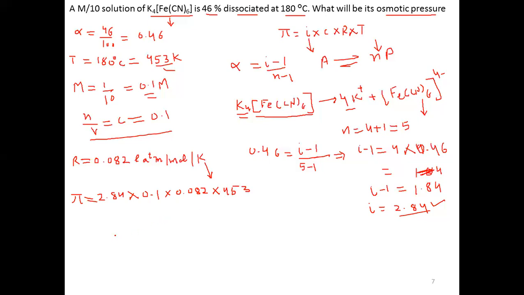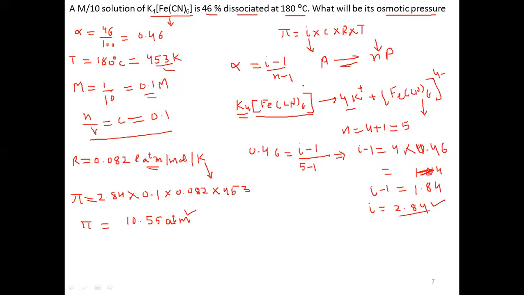If you solve it, 2.84 multiplied by 0.1 multiplied by 0.082 multiplied by 453, it is something like 10.55. So its unit will be atmosphere because value of R is in atmosphere. So this is the osmotic pressure of this solution.